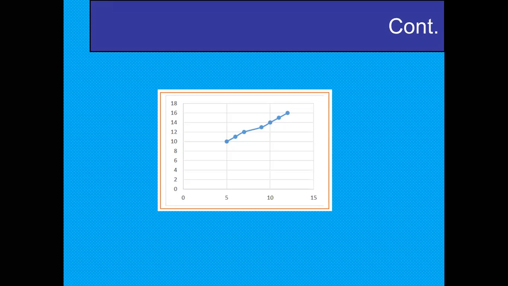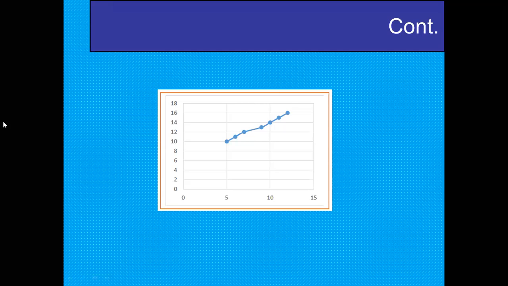It is up to you. Also you can consider the scale as per your convenience. It will depend on the points you get from the practical, the maximum and minimum values, and on that basis you can choose the scale.